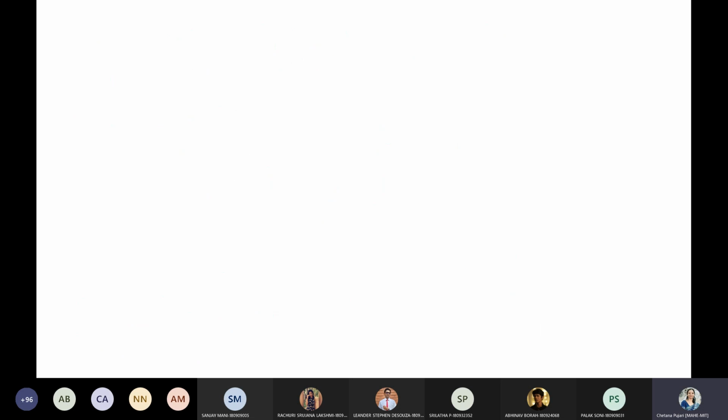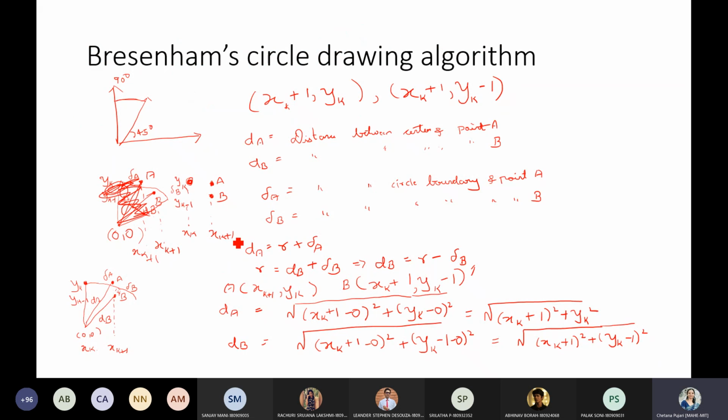So next, if our p of k is less than 0, which means we are going to select point A, which means your yk plus 1 will be equal to yk. You're selecting point A, so yk plus 1, the next iteration as well, will be equal to yk.